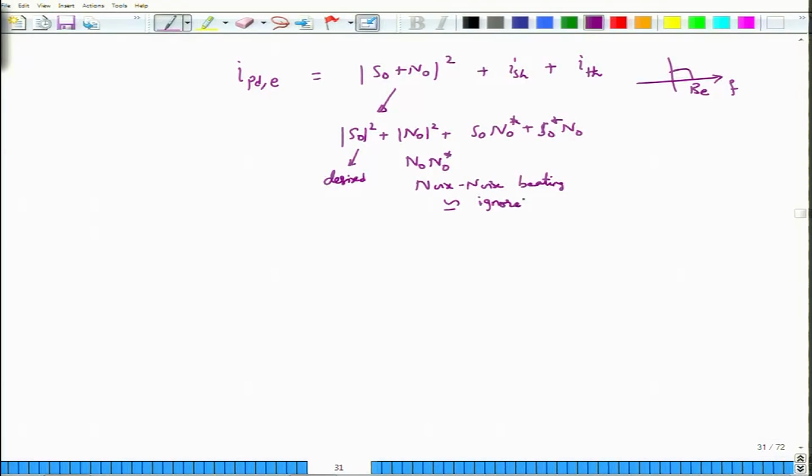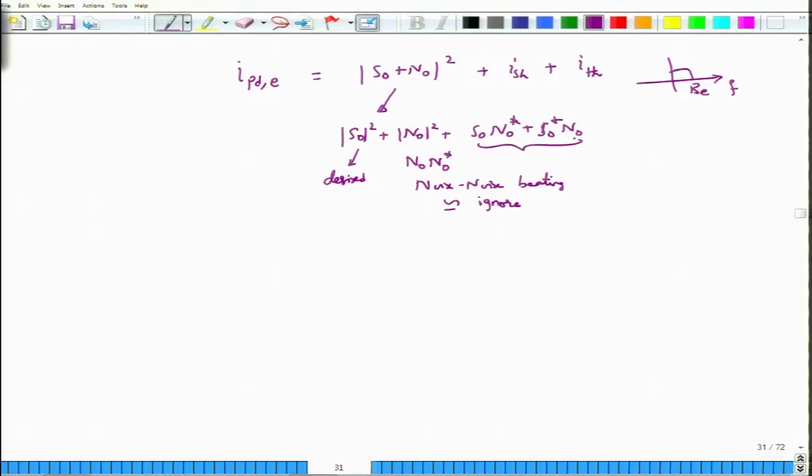The actual statistics of this noise to noise beating depends on the kind of receiver filter that we have employed, and whether we have an amplifier before it, and if the amplifier is there, what the characteristic of the amplifier itself is. So it depends mainly on the inline optical amplifiers, or at least the preamplifier that we are going to place. We haven't talked about it yet, but you can now get an idea that noise itself will beat with itself because of this square law detection that we are doing.